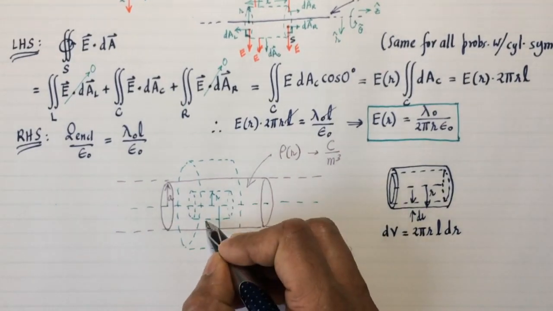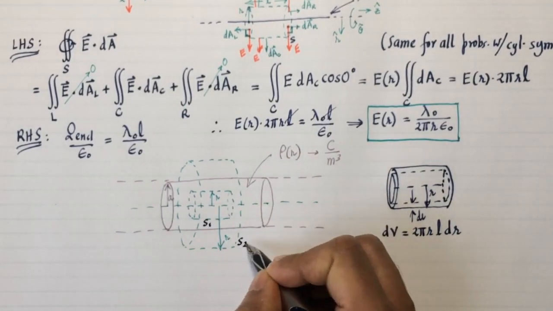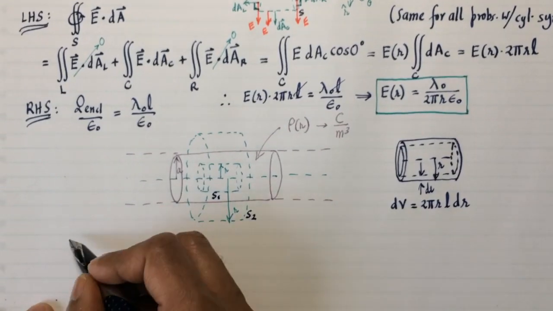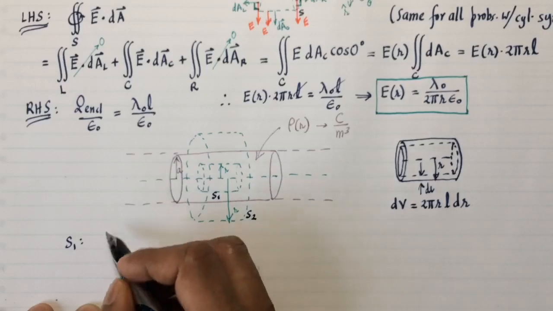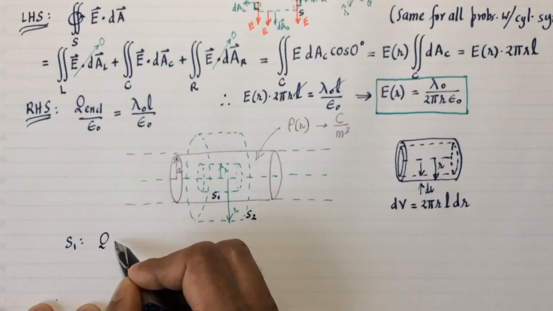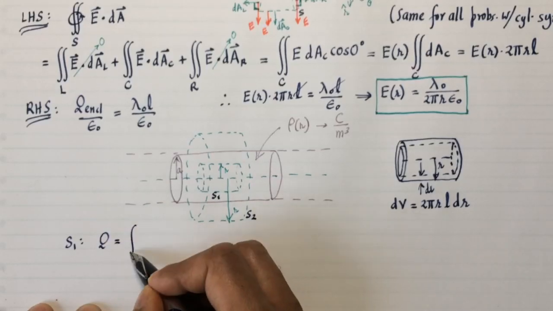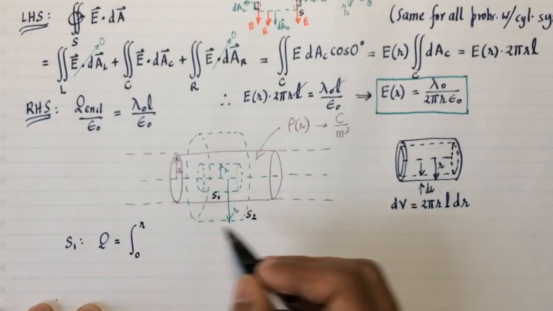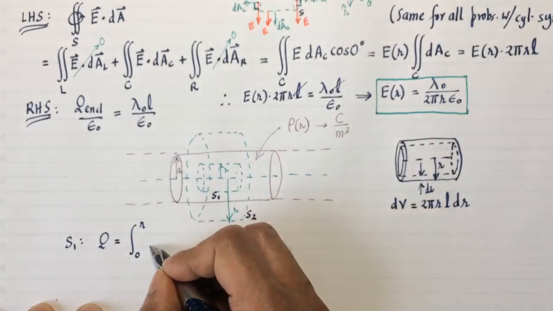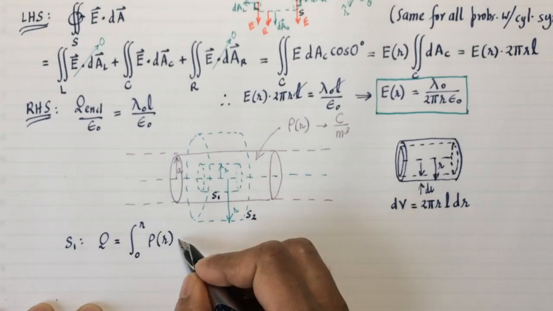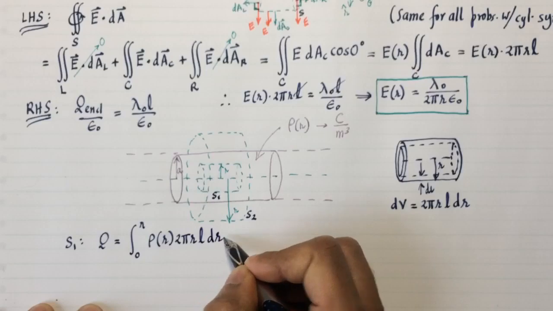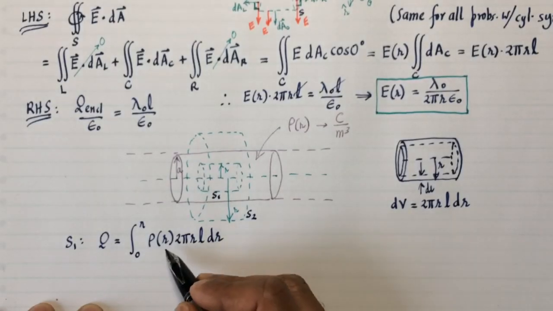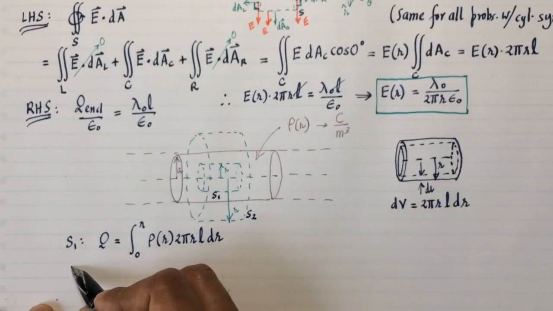So let's call this the Gaussian cylinder S1, and this is the Gaussian cylinder S2. Let's try to find the charge enclosed in S1 and in S2. So the charge enclosed Q is going to be the integral from 0 to r, rho as a function of r, times dV, which is 2 pi r L dr. And whatever the function rho I give you, you put it in there and you evaluate this.